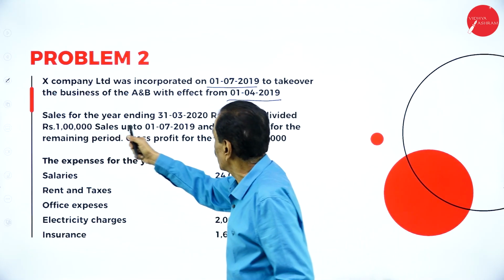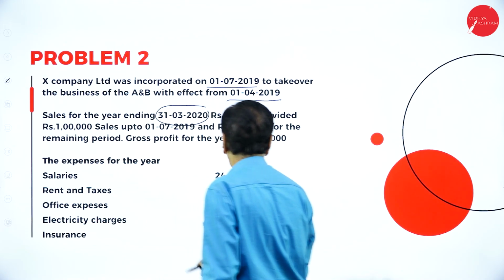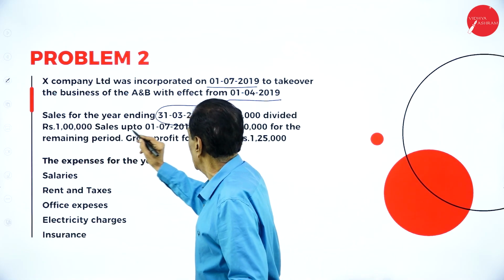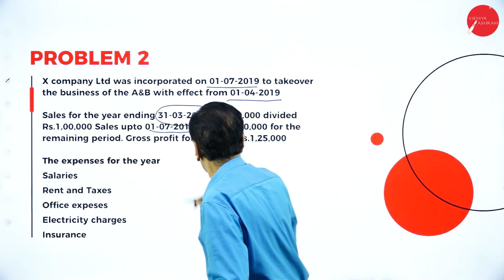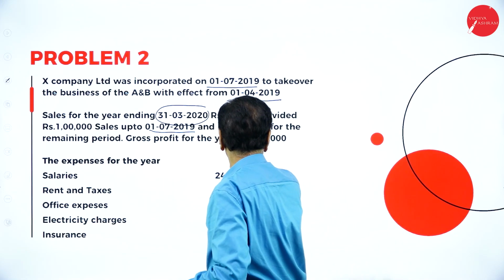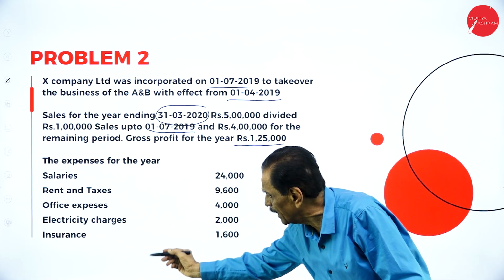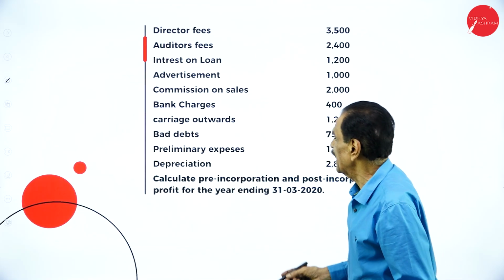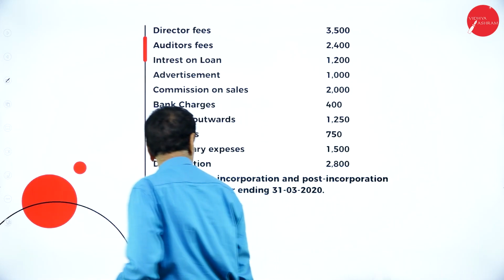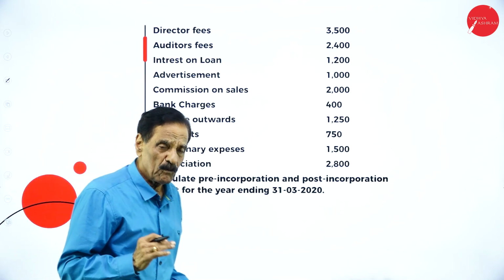Sales for the year ending 31/3/2020 were rupees 5 lakh, divided into 1 lakh of sales up to 1/7/2019 and rupees 4 lakh for the remaining period. Gross profit for the year is 1,25,000. Calculate the pre-incorporation and post-incorporation profit for the year ending 31/3/2020.